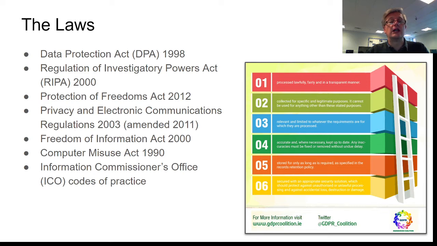They can go to the ICO website and they can get further information about the Data Protection Act, the Computer Misuse Act, and they can find out, well, what's the situation if we have to deal with a country that doesn't have a Data Protection Act? What if we want to send information to a country that has a Data Protection Act, but it's not strong enough?